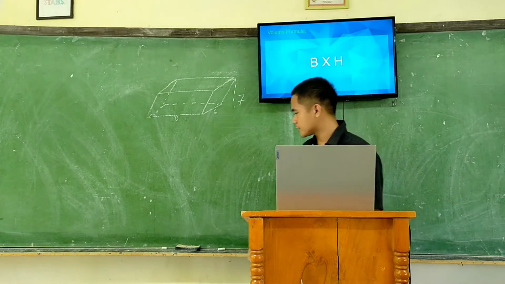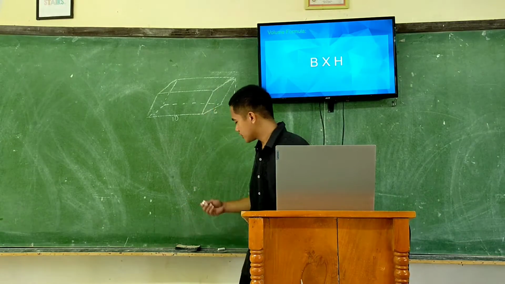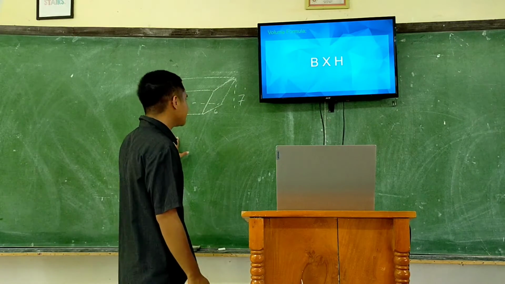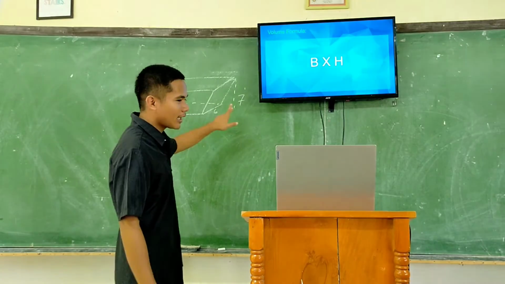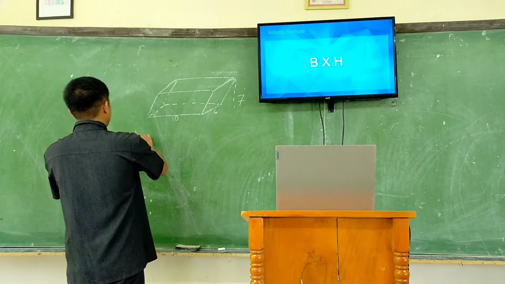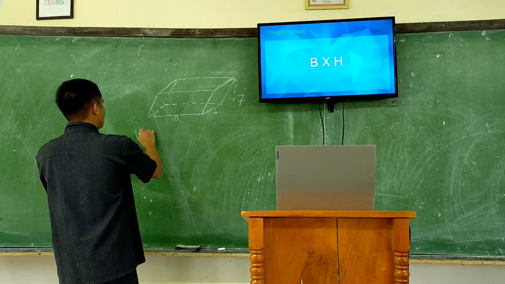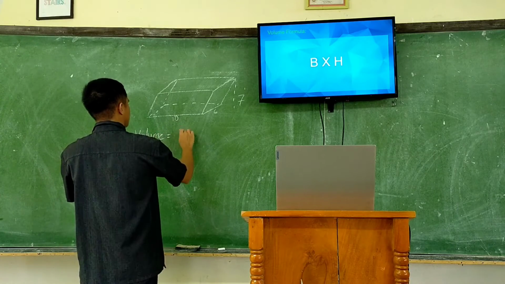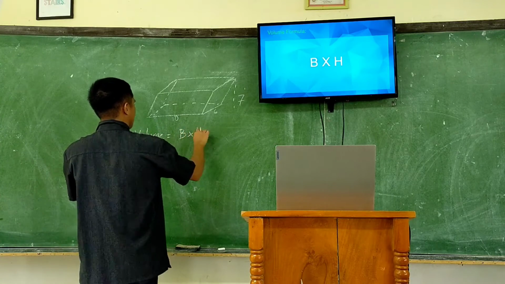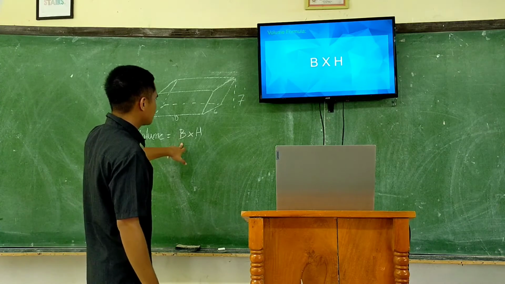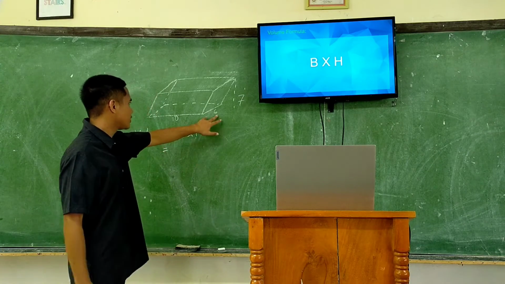Applying the formula, let's try to get the answer. Sabi, base times height. So, given ang height which is 7. Volume equal to base times height. Base. Nakuha na natin ang base kanina.